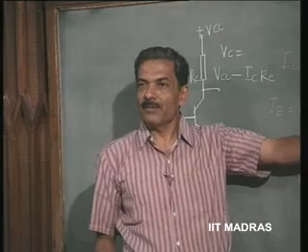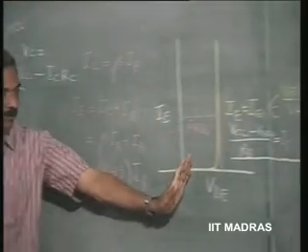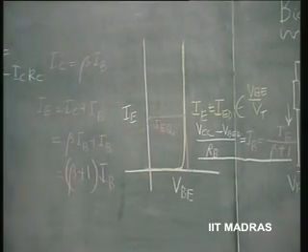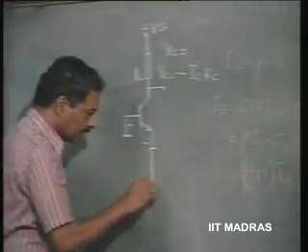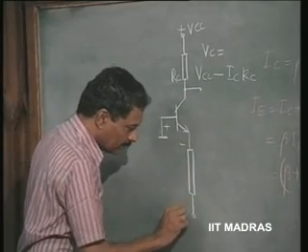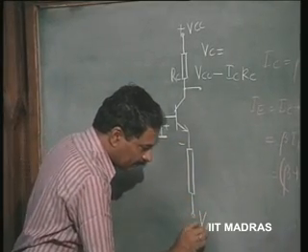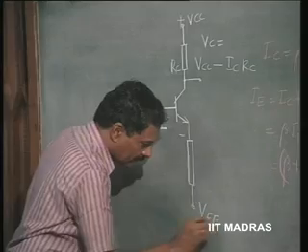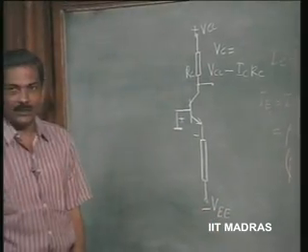But again, that is a bad way of biasing, because that VBEQ may not be exactly known. So I put a resistance here and connect it to what we call VEE, call this minus VEE.